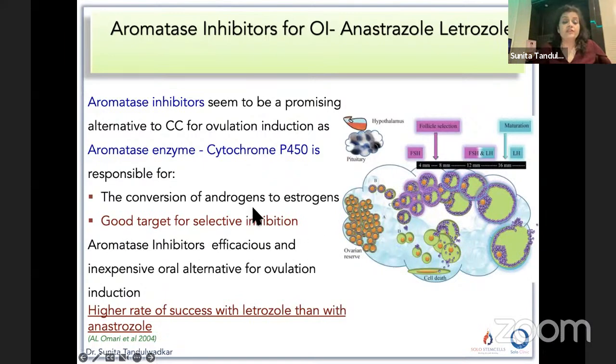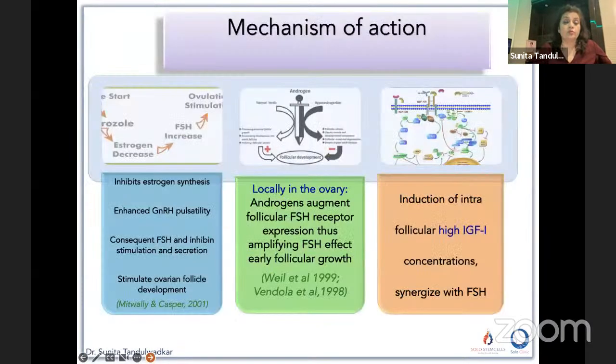I am not going to talk about the aromatase conversion in how letrozole works, but you should know that it doesn't disturb the HPO axis, and that's why when even a single follicle starts growing, the estrogen value comes up, it causes a negative feedback and decreases the FSH, and that's why we say it can cause monofollicular growth.